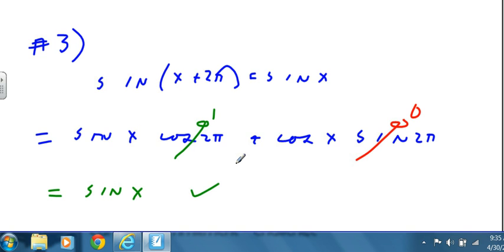We'll try, we won't try, we'll do number 8. That'd be good. All right, number 8. The cosine of pi over 2, also known as 90 degrees, if anybody is wondering, minus theta.